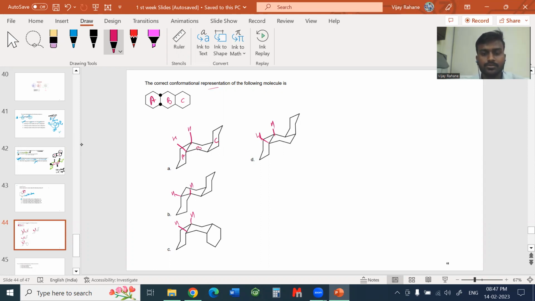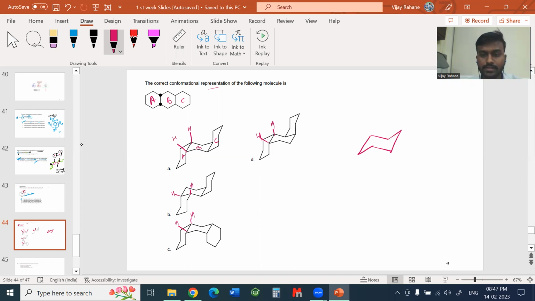And so we'll directly draw the structure based on this. First we'll draw a middle ring, right? As usual, the B ring we'll draw first.